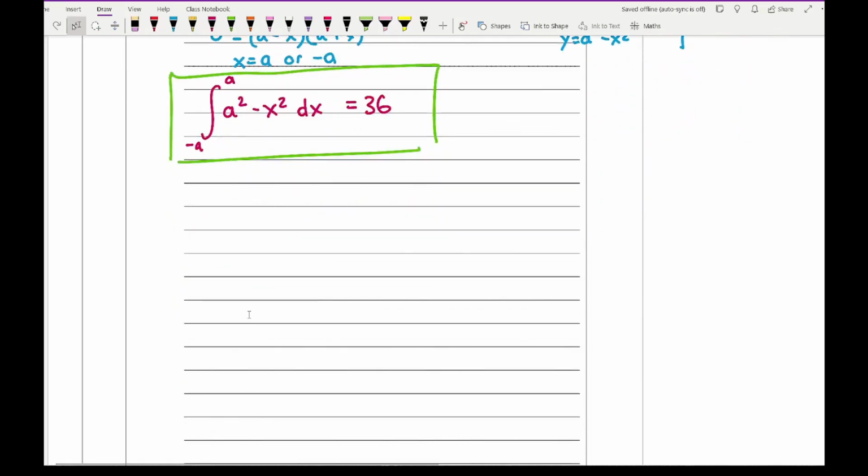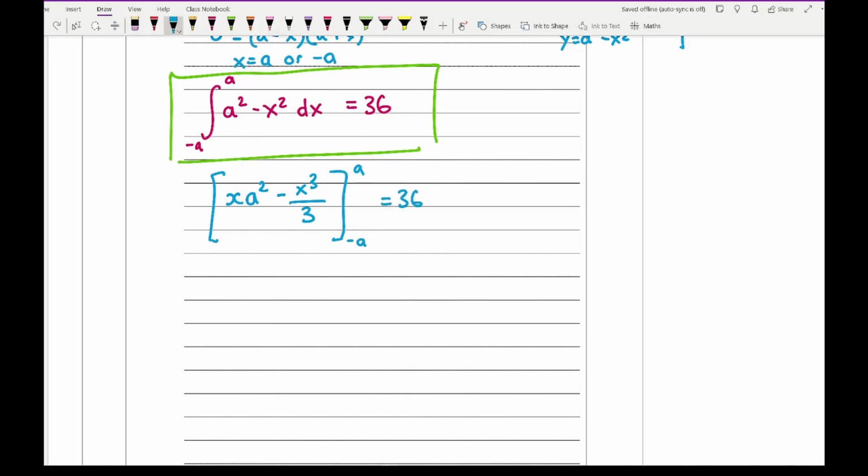So then if I integrate that, a squared is just a number, remember, so that's going to be x times a squared minus x cubed over 3, and the limits are a and minus a, and that's equal to 36.